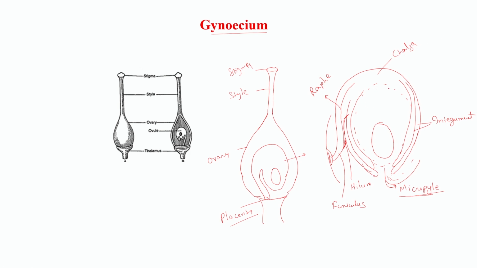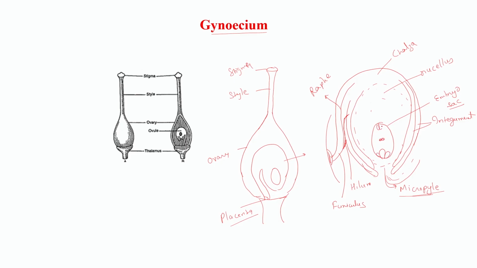Now inside this there will be a tissue known as the nucellus, and in this there will be the embryo sac. Here I am drawing the structure in which a complete embryo sac has been developed. This embryo sac will contain the female gamete. In this embryo sac you will also see cells.